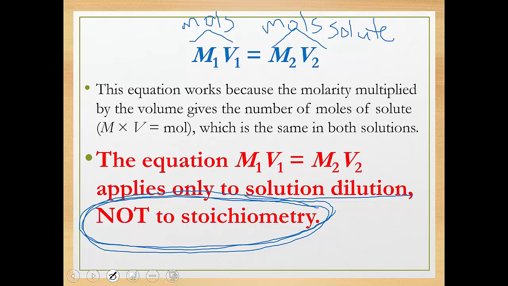Now, there are times in stoichiometry you may, if you've had a chemistry class before, have seen this done. It works only if the compounds are in a 1-to-1 ratio. You'll get the same number, so it looks like it works, but the concept behind it is completely wrong, and you will eventually get tripped up when you don't have a 1-to-1 ratio. So you need to be able to distinguish dilution from stoichiometry, where you're trying to compare two different chemical compounds.